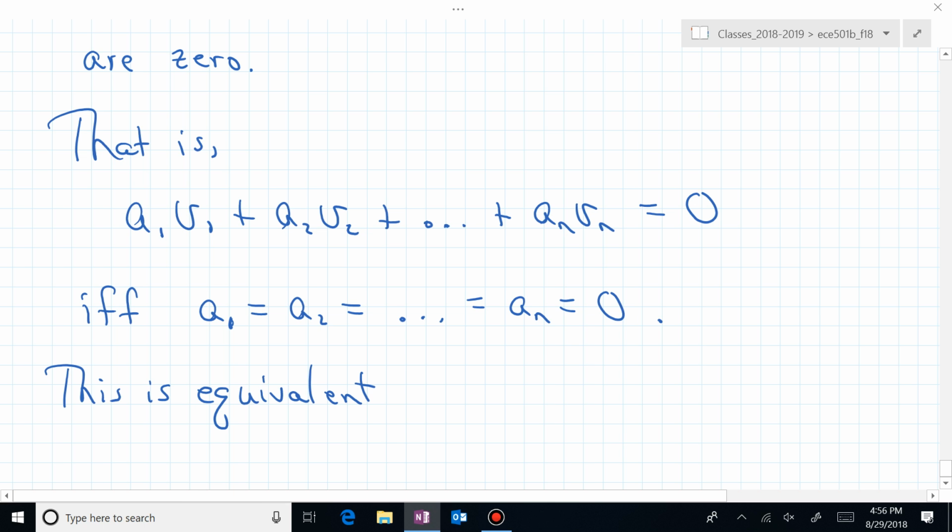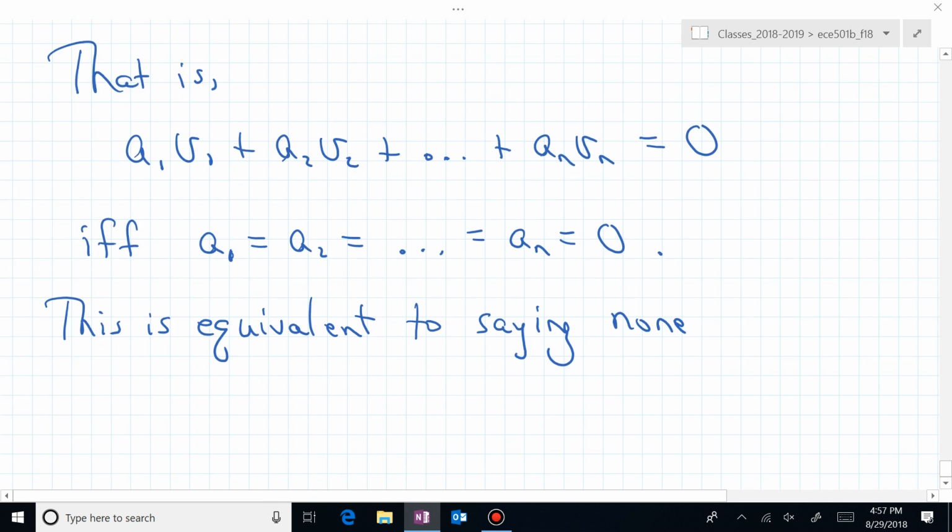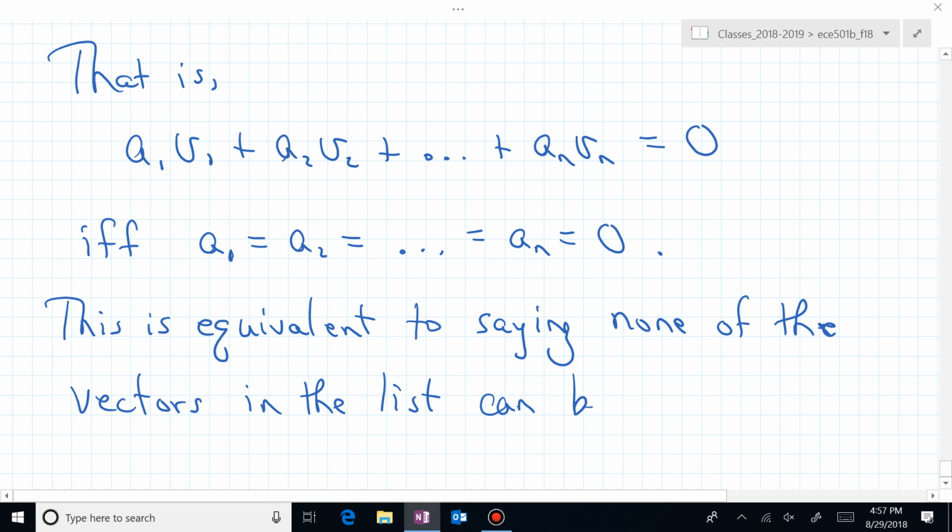Another way of saying that, or this is equivalent to saying none of the vectors in our list can be written as a linear combination of the remaining vectors, if they're linearly independent.